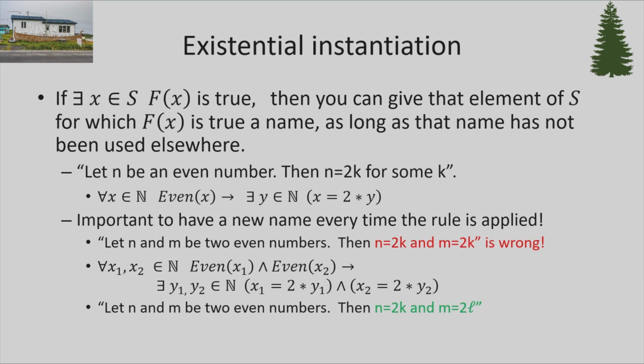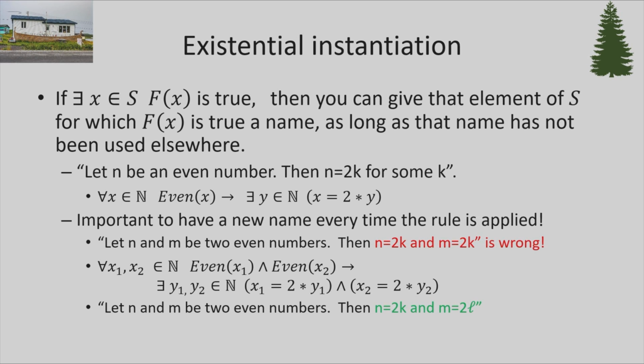And there is a lot of choice for different names to use. So every time you're doing existential instantiation, use a new variable, a new name to call whatever that thing was that was a witness for that existential statement. So let n and m be two even numbers, then n equals 2k and m equals 2l, whatever. n equals 2s and m equals 2t.